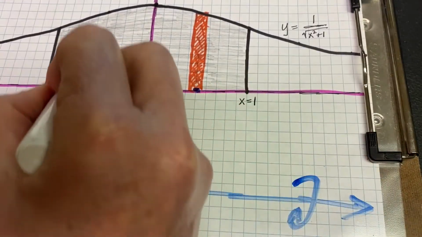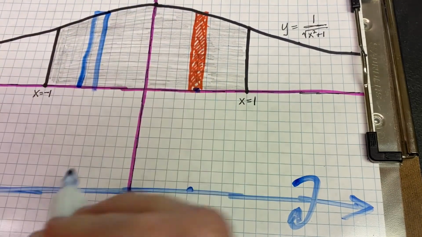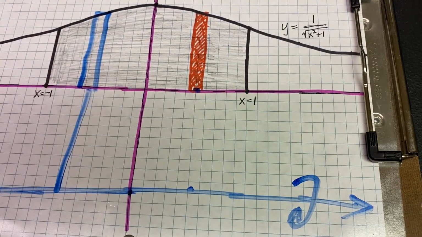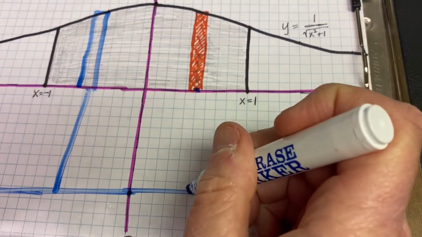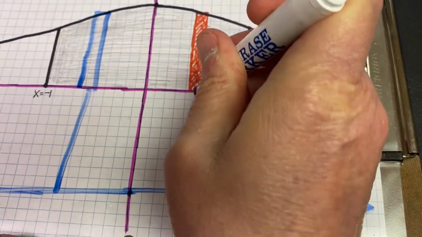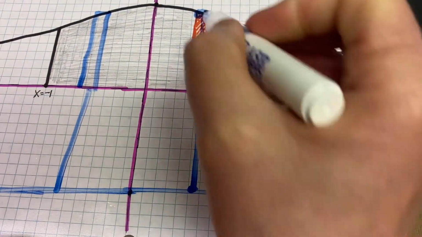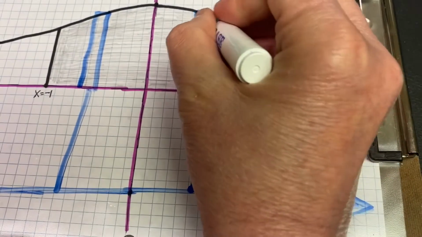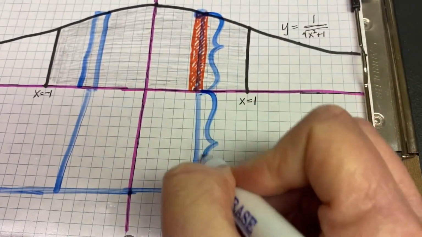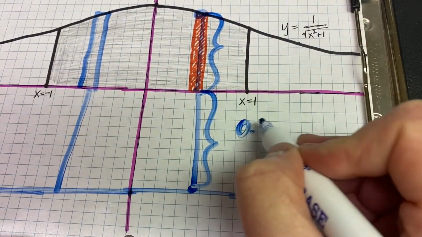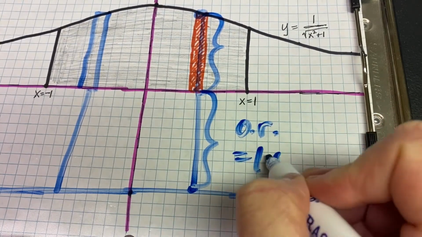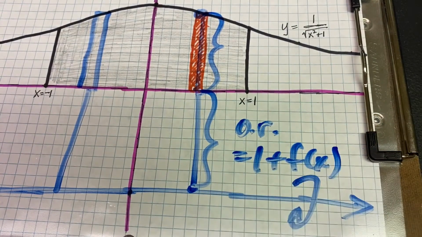It doesn't matter where I draw that rectangle. The inner radius is always going to be 1. And the outer radius is going to be the distance from here all the way to the top of the curve. That's the outer radius. And so this is the function value. That's always 1, telling me that the outer radius is 1 plus the function value.